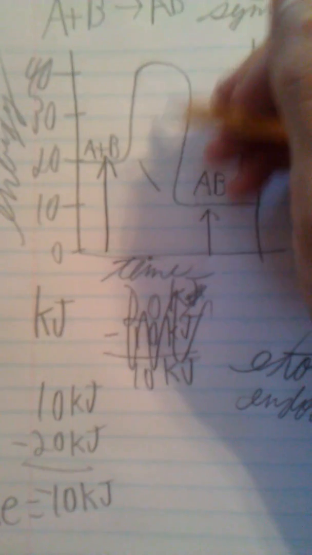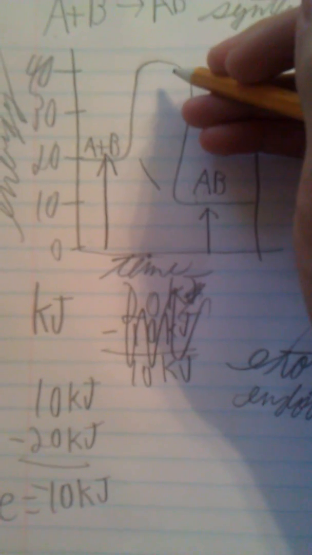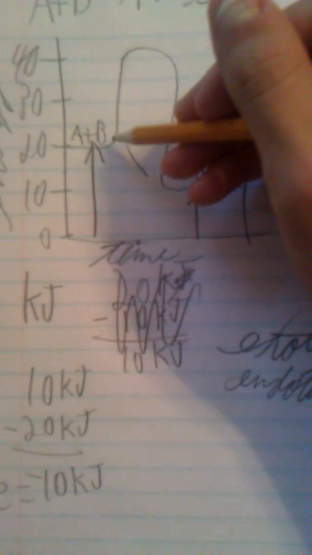Good. Okay. Now this right here, this is the interesting part. This is the reaction itself, this little hump on the diagram. What this little hump is, is the energy that actually happens in the reaction, the energy that the reaction uses.